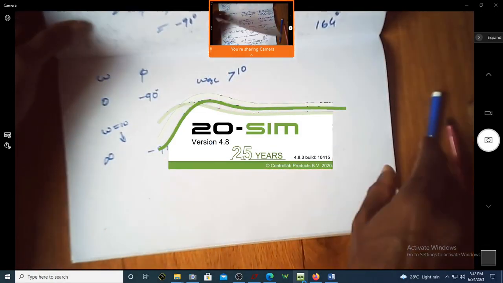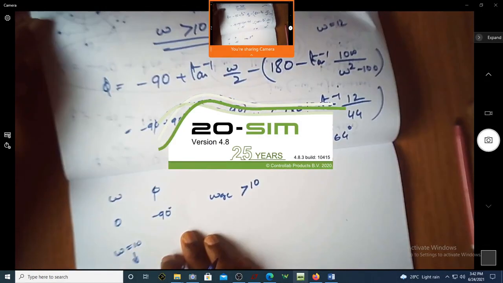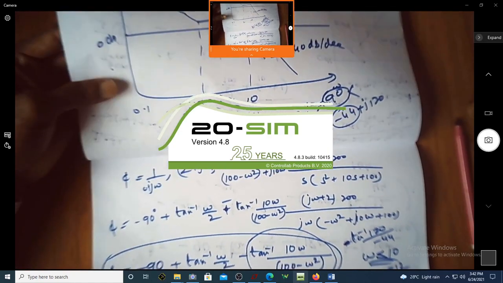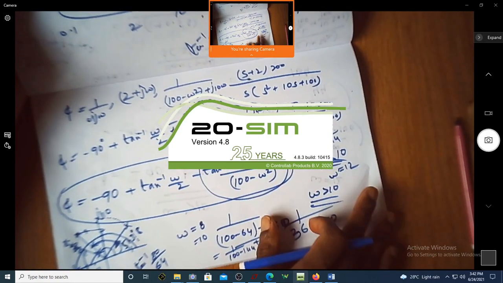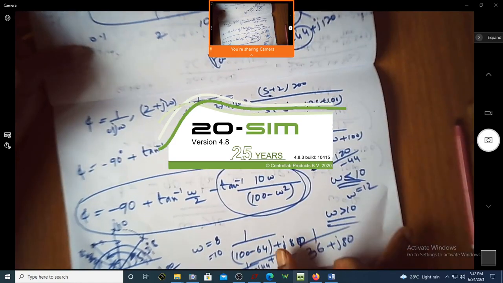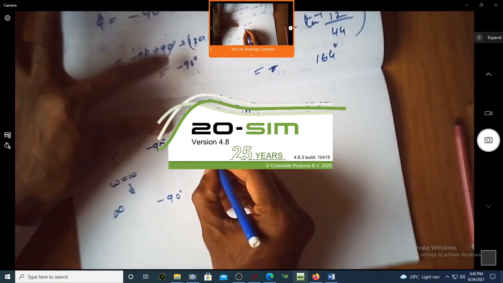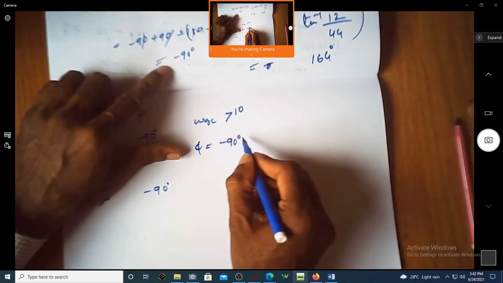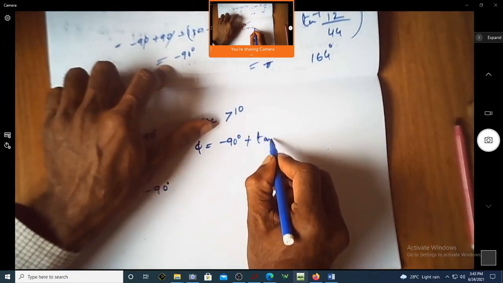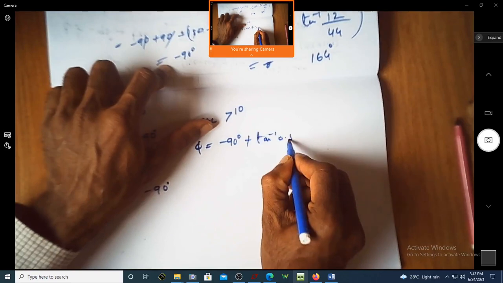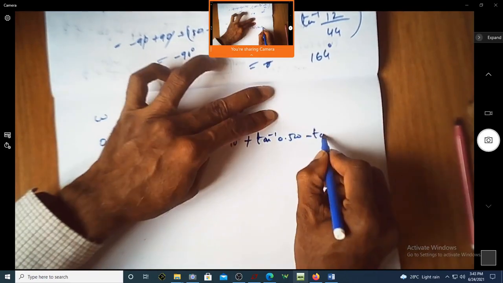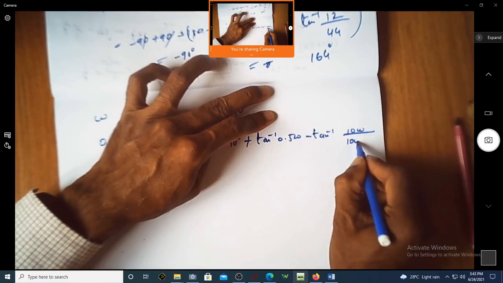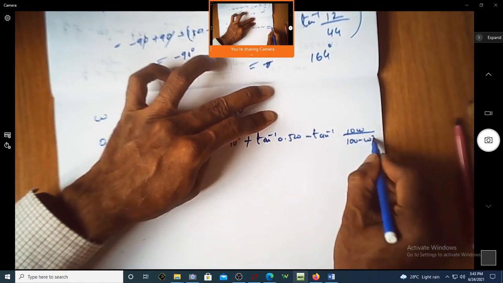Or can you just find out, okay, what is the phase? You feed this equation and try to find out the phase for different values of omega less than 10. So we have one phase equation: phase is equal to minus 90 degree plus tan inverse of 0.5 omega minus tan inverse of 10 omega by 100 minus omega square.